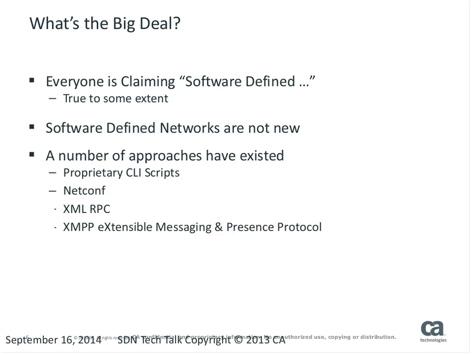XMPP has been used for this as well, Extensible Messaging and Presence Protocol. OpenFlow, as mentioned, really is one of the options for building out an SDN. And even SNMP has been described as a software approach to configure networks. So what's different? We'll talk about what's different today.